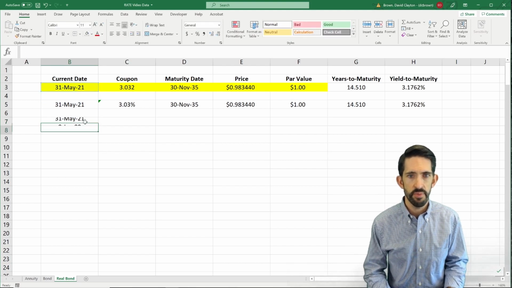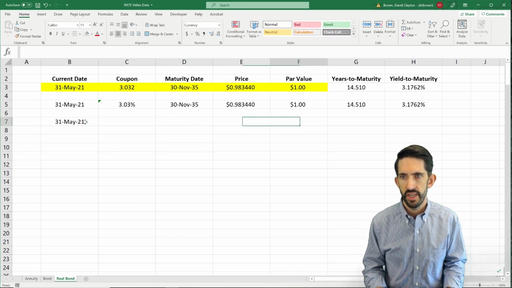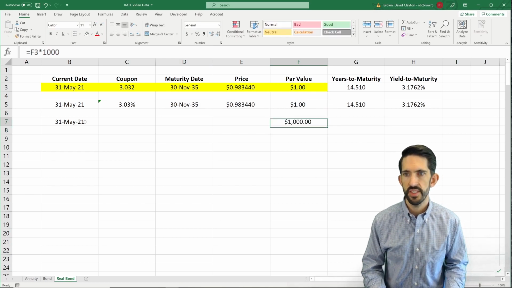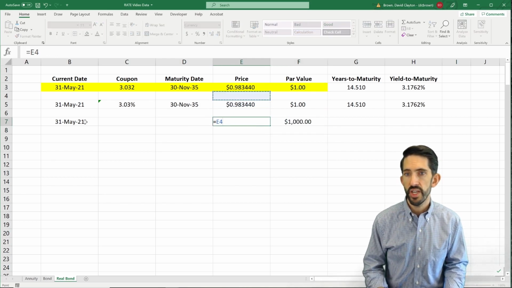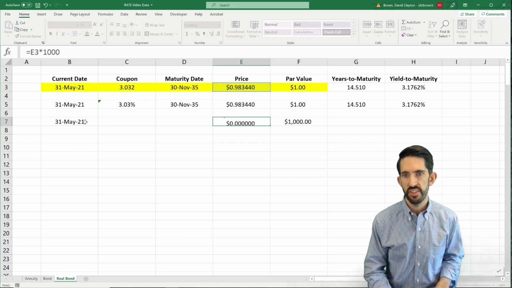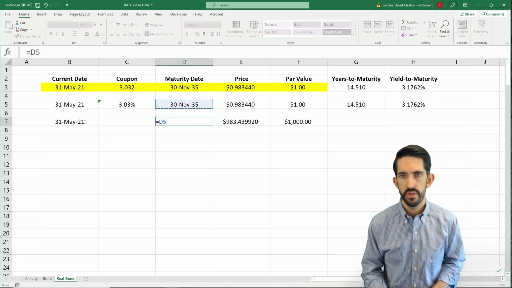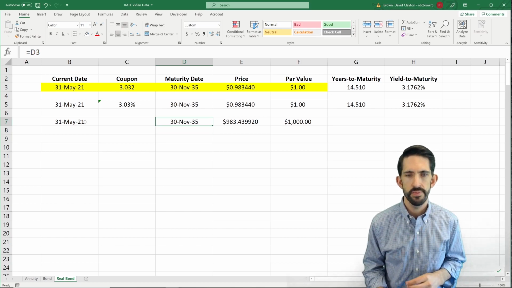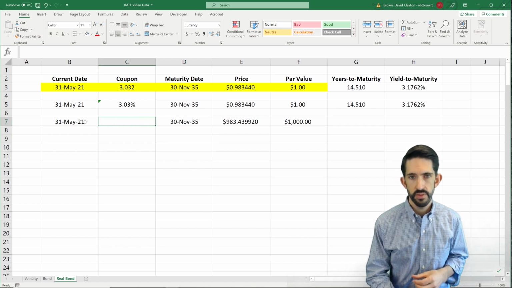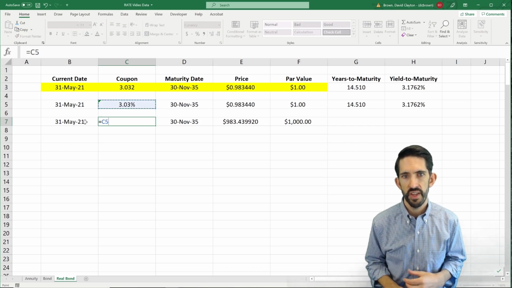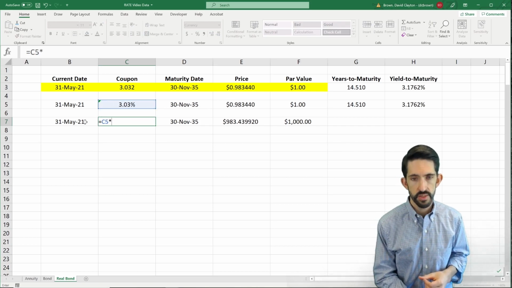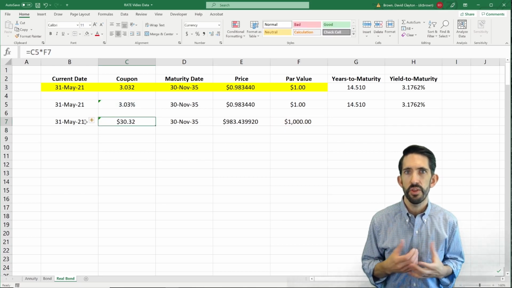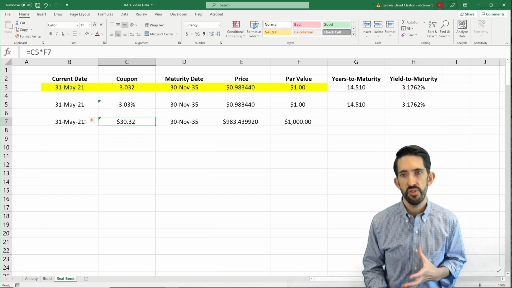So let's do the same thing we just did. I'm going to come over here. I'm going to go a little bit out of order. Let's take our par value times 1,000. Let's take our price then times 1,000. So we're scaling everything up. We're going to keep our maturity date. Again, I'm linking to those input cells. And now for the coupon, well, we can take the fact that we have a 3.03% rate, multiply that by our par value, and get $30.32 as that coupon.